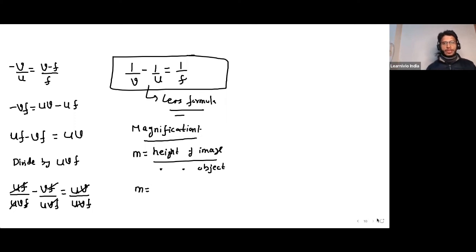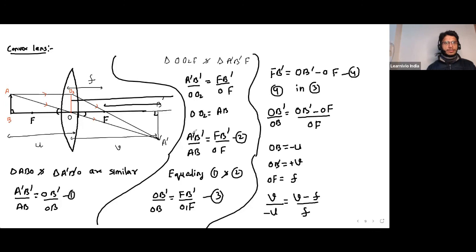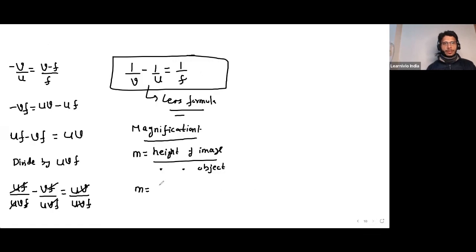See here, how much is the height of image? The height of image is this, it's A prime B prime. And what is the height of object? It's AB. So you can say that this is A prime B prime divided by AB.